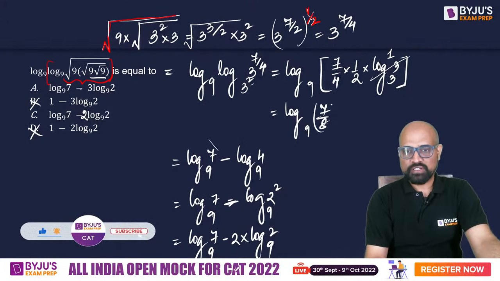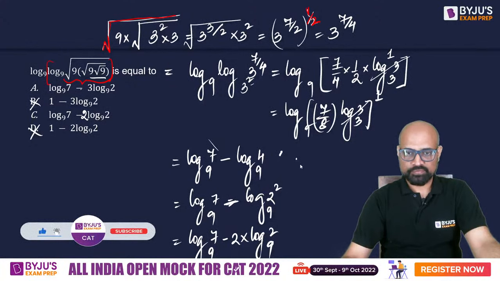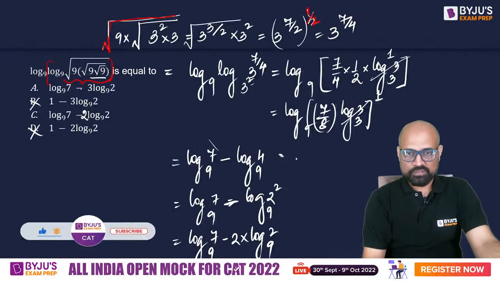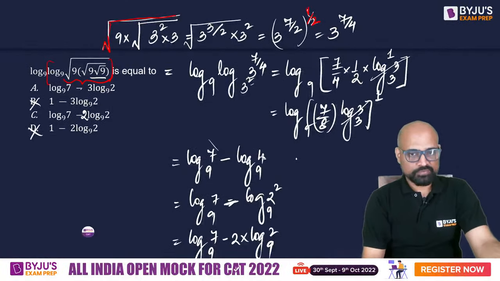Now instead of 4, we are going to have 8 over here. 8 can be written as 2 cube and this 3 will come in the front.